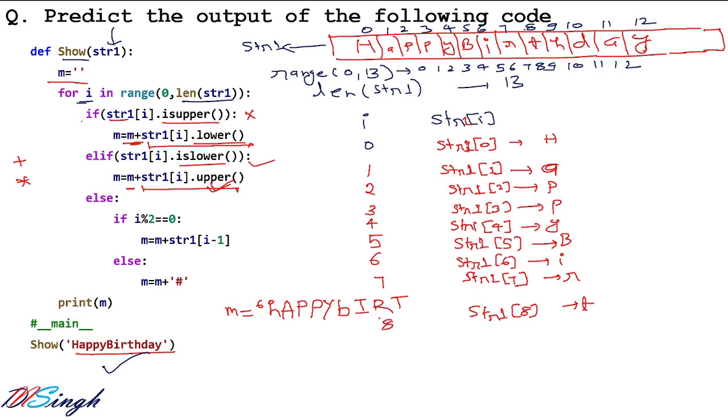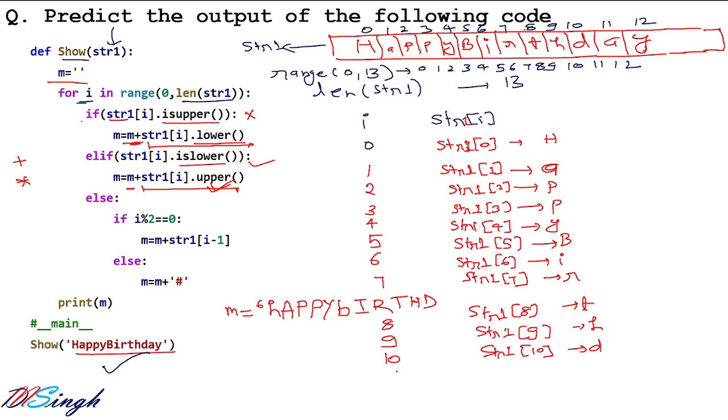Next is 8, after that 9, birthday. Okay, so the same way it happens, str1 of 9, and here you have h, which will be converted into capital. 10, str1 of 10. Here you have d. So d will be converted into capital case and added.